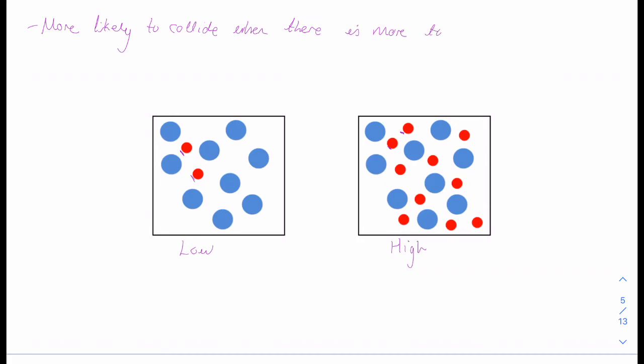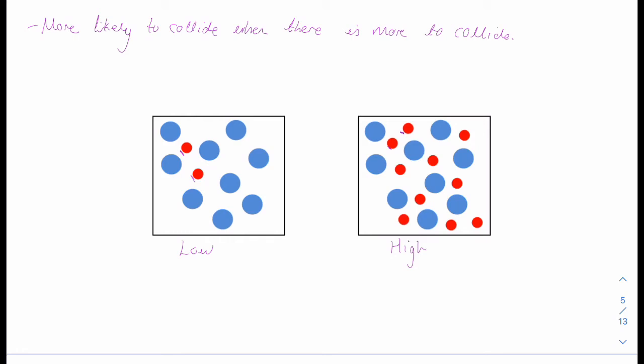So that is simply concentration. The more particles there are, the higher the concentration. If there are more particles, they're more likely to collide with each other, therefore a reaction is more likely to happen. Remembering that word collides, the collision, means it's when those 2 particles are going to meet each other and they are going to react rather than bouncing off of each other.